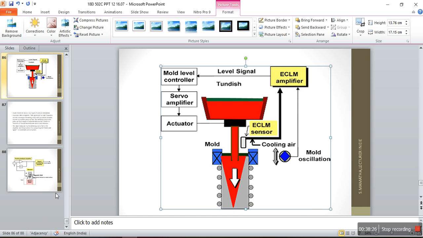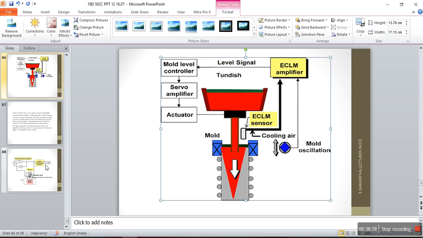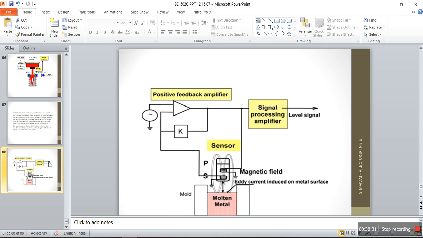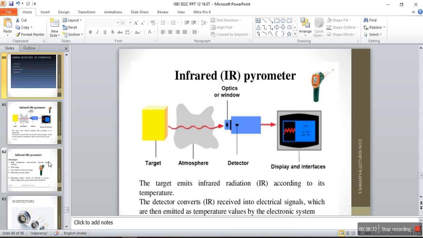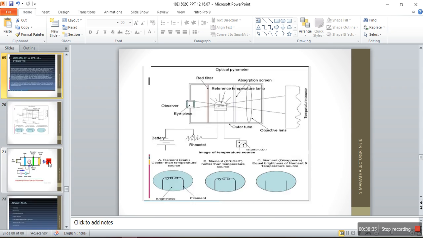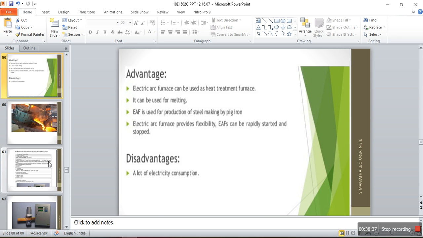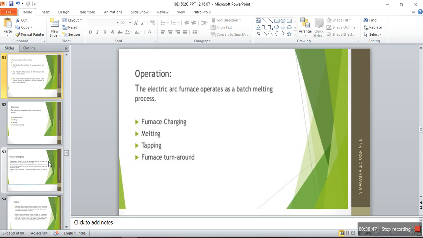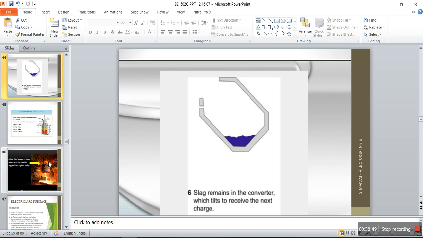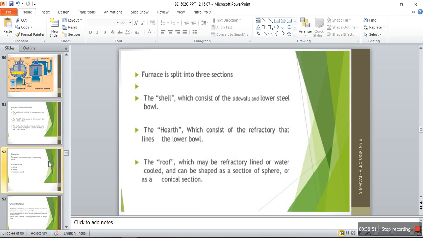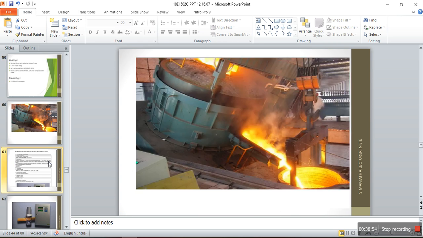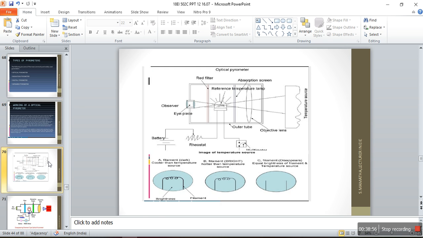We have discussed a lot of parameters. In industry, we measure many parameters like density, thickness, weight, pressure, viscosity. But in the case of an iron and steel plant, temperature is very important, so our primary importance is given to temperature.